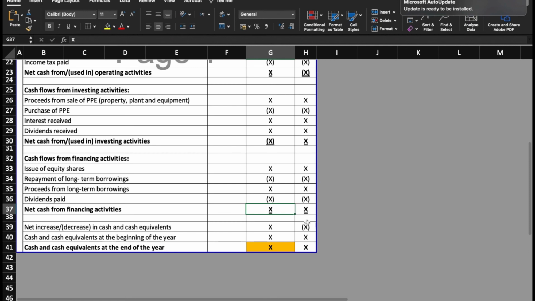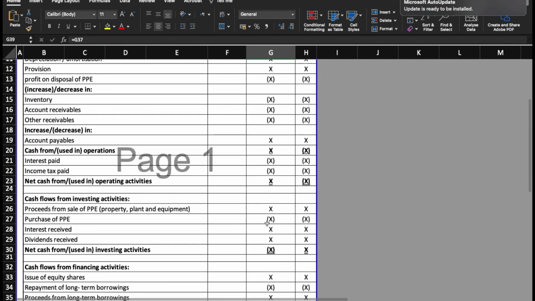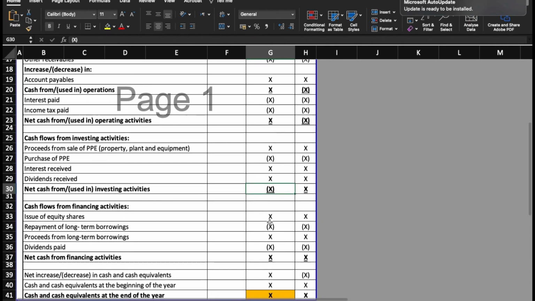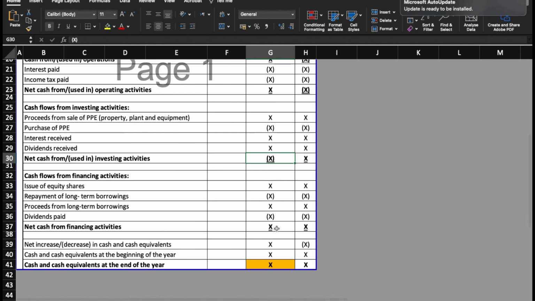Lastly, we should calculate the net increase or decrease in cash and cash equivalents. It means the total of net cash from operating activities plus net cash from investing activities plus net cash from financing activities will give us the net increase or decrease in cash and cash equivalents.